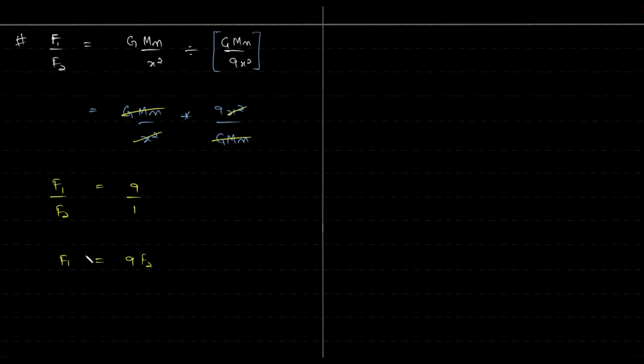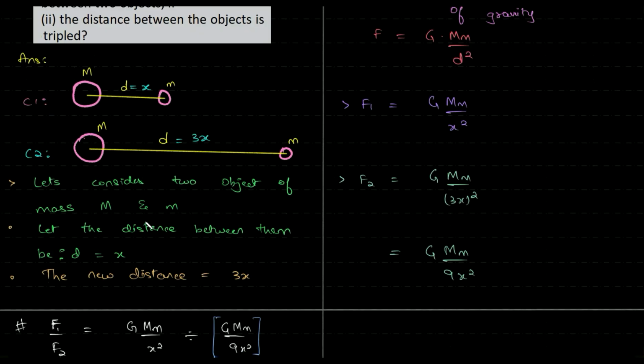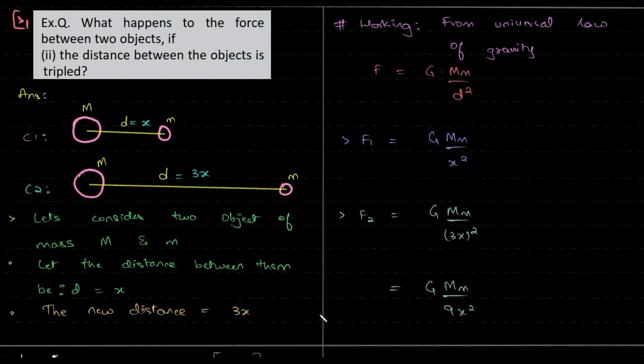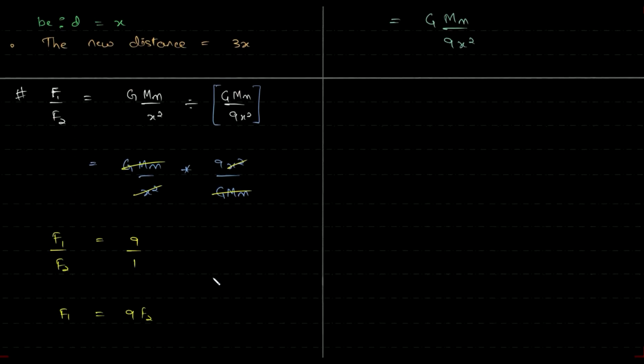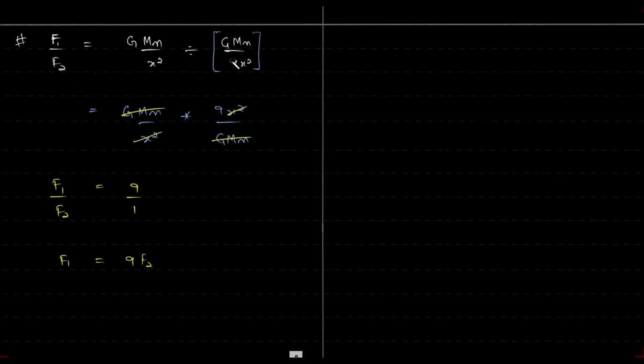So what happened? Oh sorry, I have to go with F2 by F1, my bad. The whole thing is the other way around. All I have to do is take this as 9, F2 by F1.